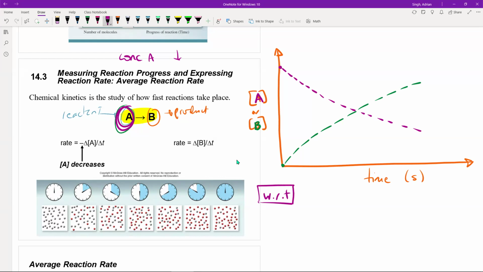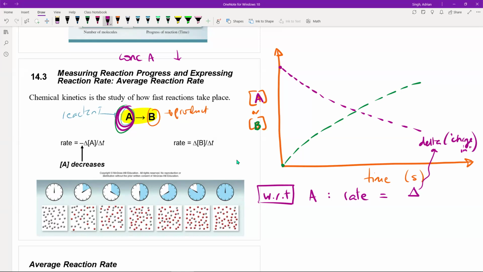So with respect to A, we can say that the rate of the reaction is simply equal to the change in the concentration of A. The change in anything is this triangle, which stands for delta and means change in something.